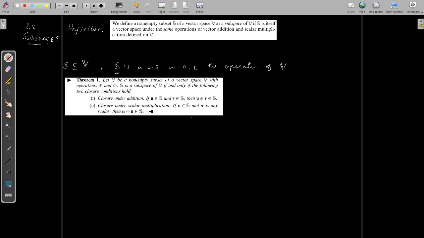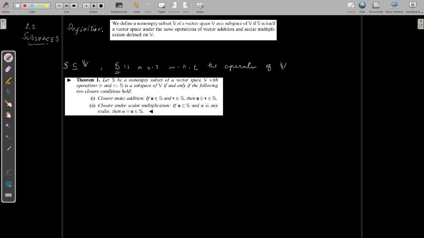Let S be a non-empty subset of a vector space V with operations plus and scalar multiplication dot. S is a subspace of V if and only if the following two closure conditions hold: closure under addition and closure under scalar multiplication.